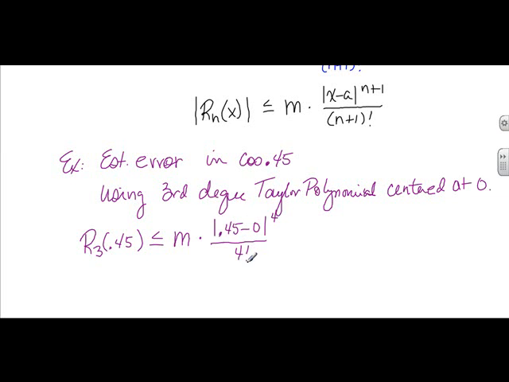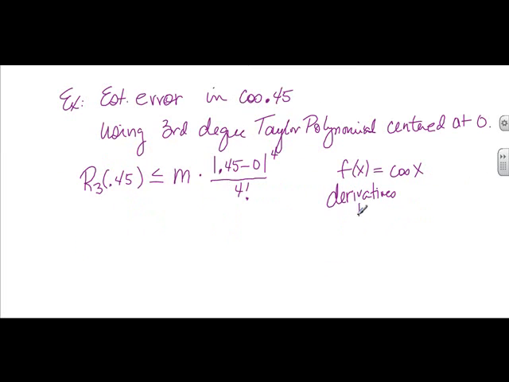Okay, so what we're dealing with here is our function f of x is cosine of x. And think about it, the derivatives of this function all of them are going to be in the format that they're either plus or minus the sine of x, or they're plus or minus the cosine of x.